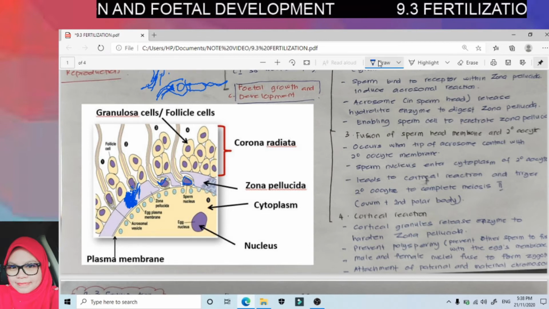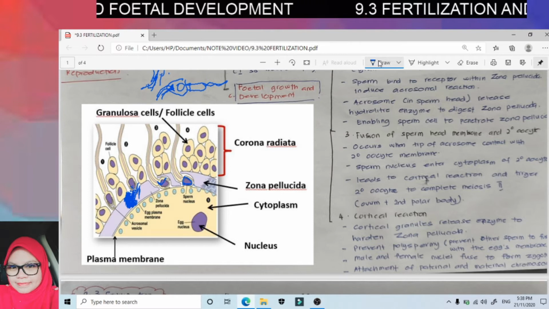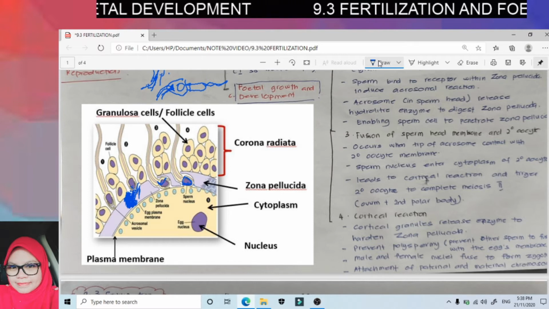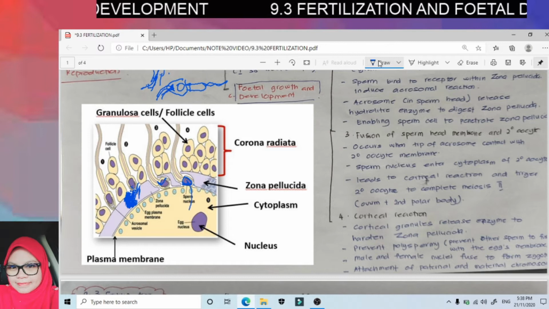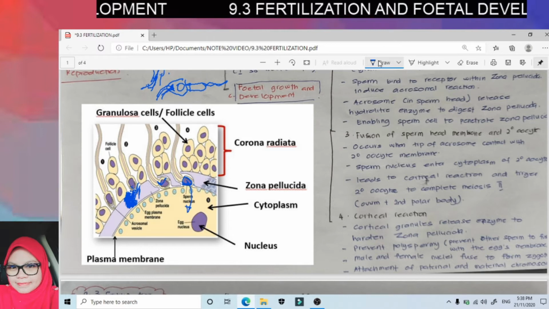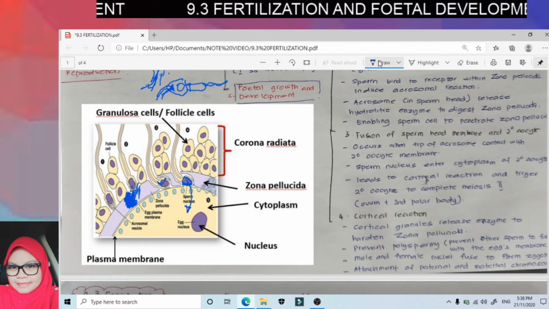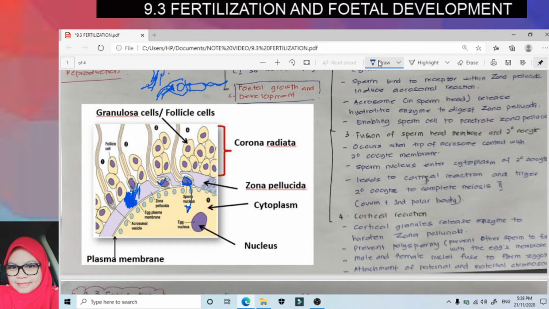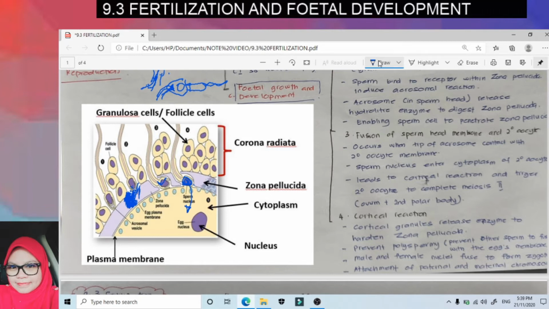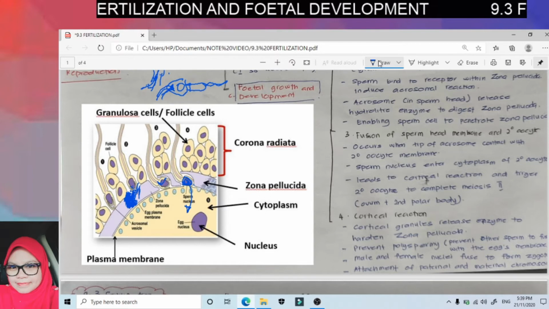Dan apa yang berlaku? The nucleus of the sperm may enter the egg. Okay. So the sperm nucleus enters the cytoplasm of the secondary oocyte.